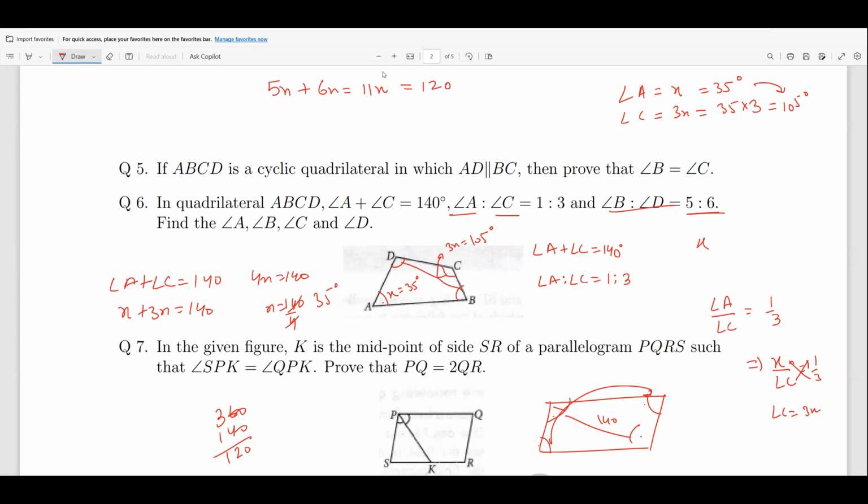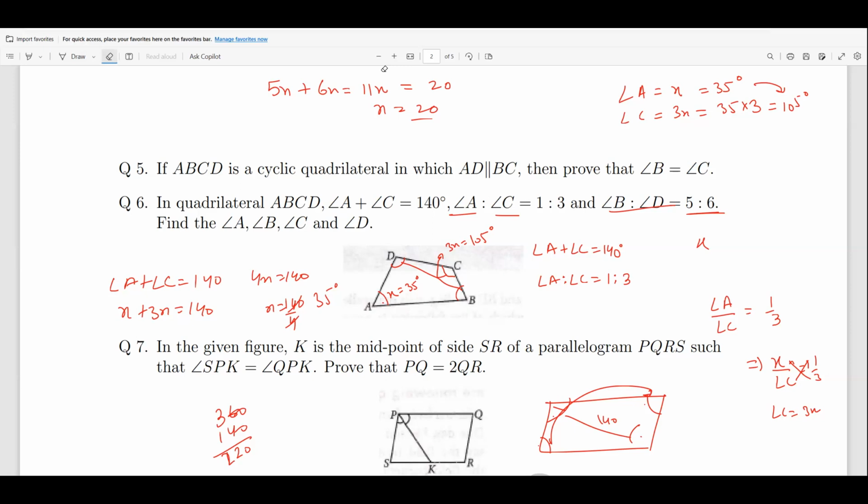So x will be equal to 120 divided by 11. No, it should be 220. Sorry, it should be 220.